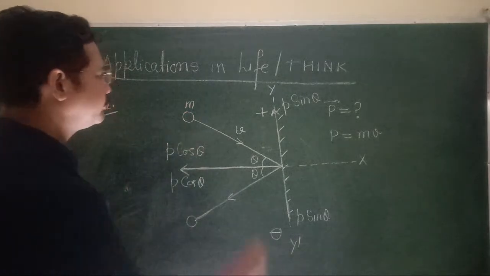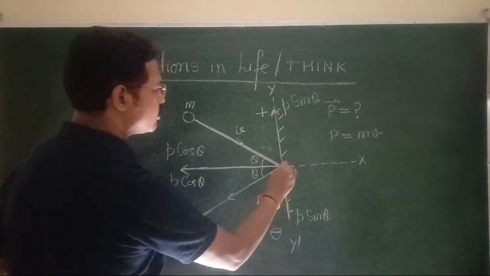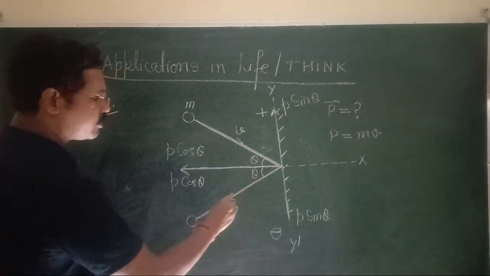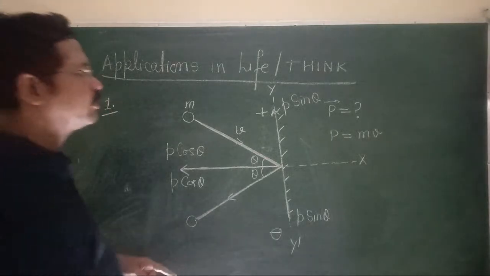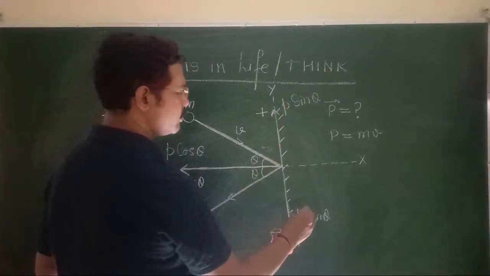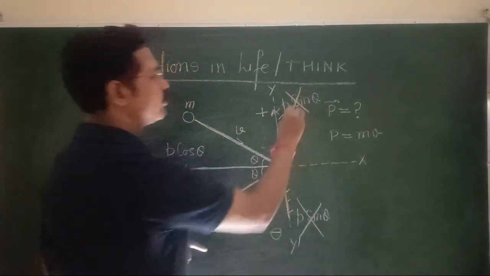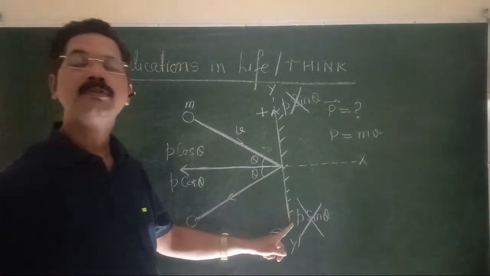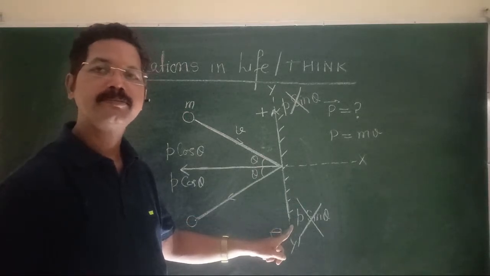And again, when the body strikes at the origin, it comes back to the same position. So what is the condition? In the y-axis, this and this cancel out. Suppose this momentum is 10 kilogram meter per second.